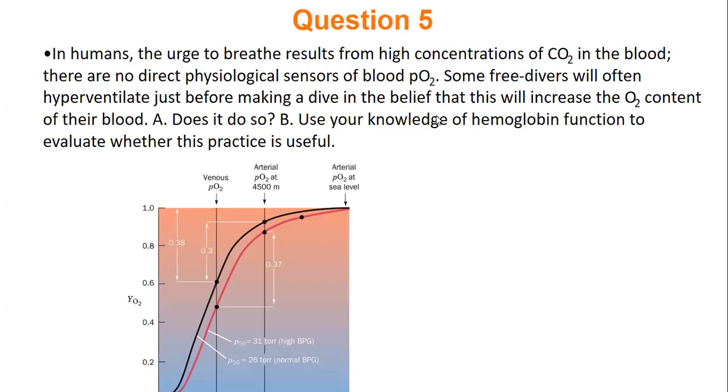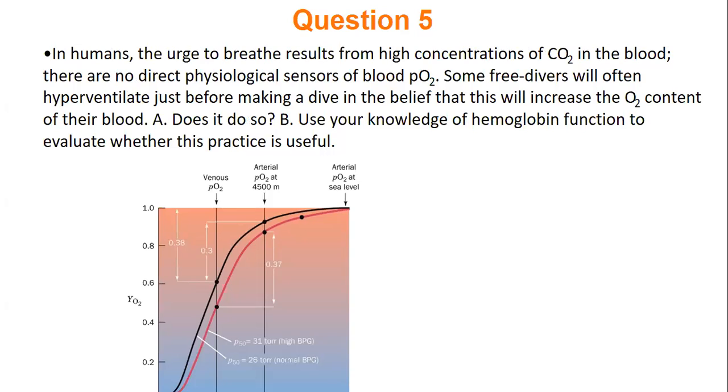Five is another one of those fun thought questions. I'll do it really quick because I actually like this question. The reason why when we're drowning or holding our breath we have that sudden urge to breathe is not because of lack of O2. Your body has no way to determine how much O2 is in your body. There are no blood oxygen sensors.